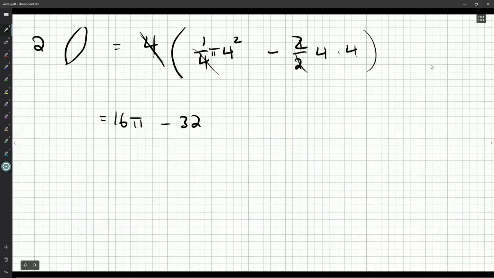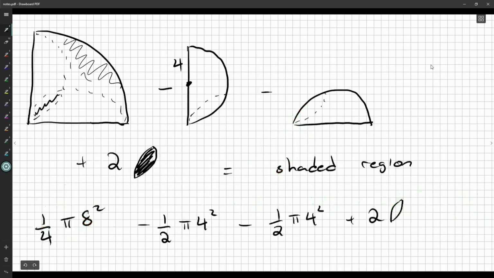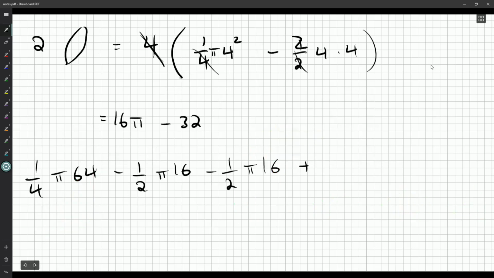And then what have we got? We've got 1/4 pi 64 minus 1/2 pi times 16. Let's just make sure we don't have the formula wrong. Plus 2 times this overlap, so that's plus 16 pi minus 32. 64 and 4 leaves me with a 16. 16 and 2 leaves me with an 8.